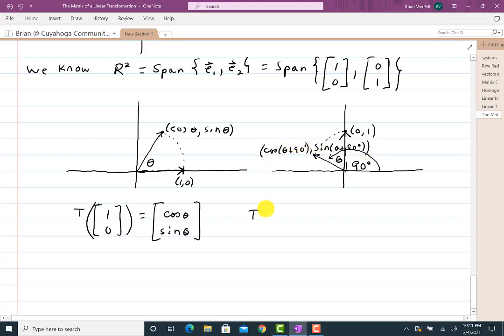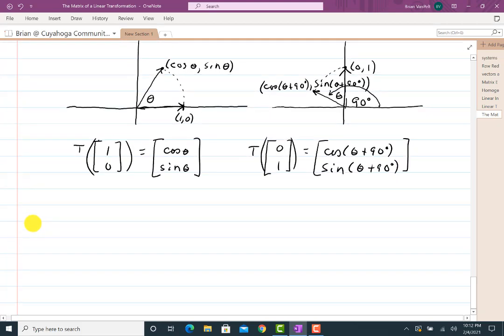It's a terrible looking picture, but hopefully you understood it as I was saying it. T of 0, 1 equals cosine of theta plus 90 degrees, sine of theta plus 90 degrees, or pi over 2, whatever version you want to use for it.